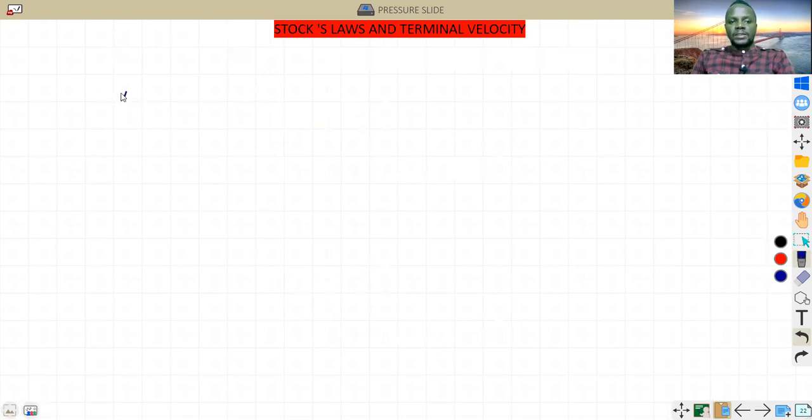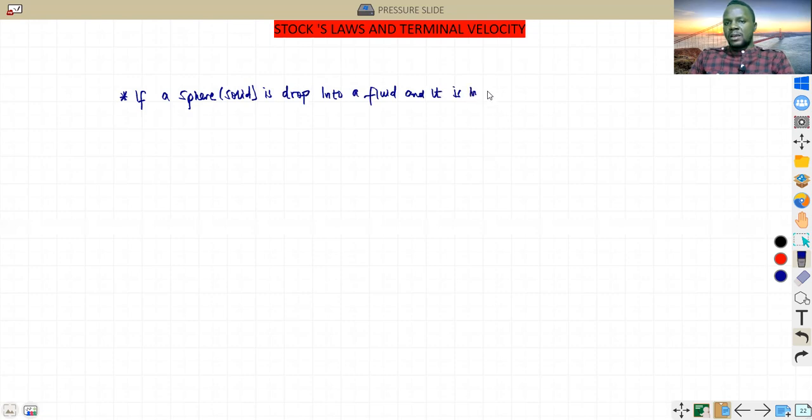About Stokes' law, we can write that if a sphere, which is a solid, is dropped into a fluid and it is in contact with the fluid.